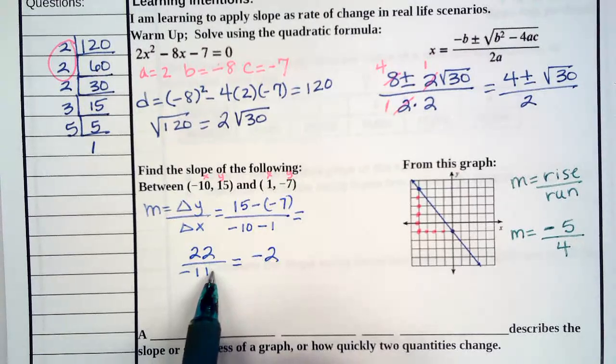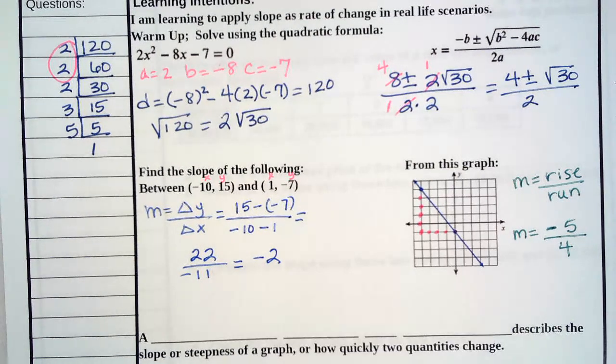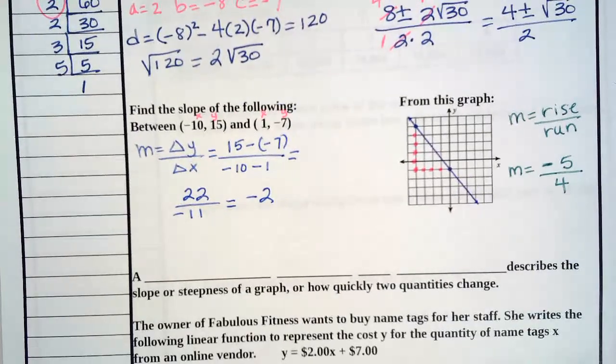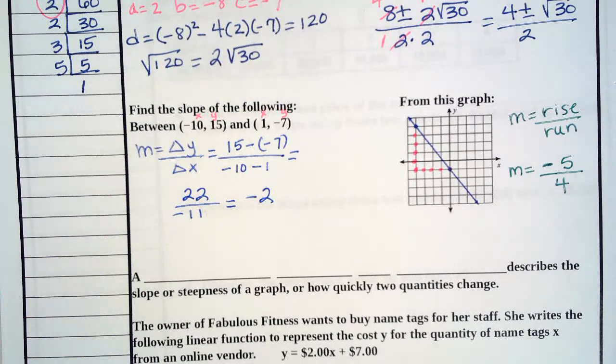So on the first one, you apply a formula. The second one, you apply a formula. The third one, you count. So a blank, blank, blank, blank describes the slope or steepness of a graph, or how fast the two quantities change.